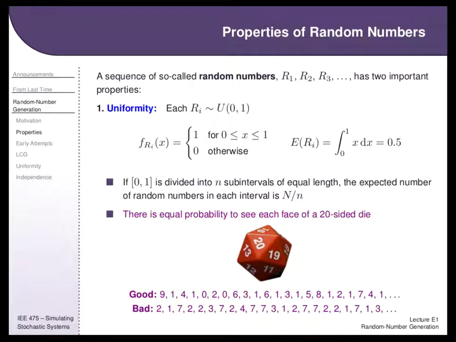If I look at a 20-sided die, a good outcome might be this one here, which has a uniform distribution of outcomes, say from 0 to 20, but a bad outcome is down here. If I look closely at that, I see a lot of 7s, a 7, a 7, a 7, a 7, a 7, a lot of 2s, a couple of 1s, maybe a couple of 3s, a 4.